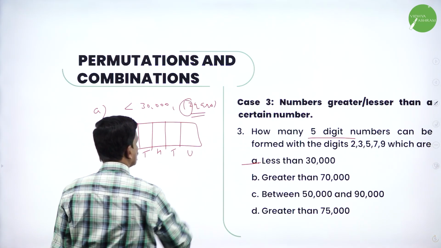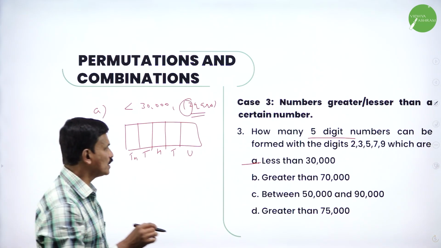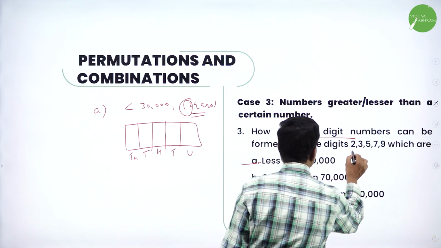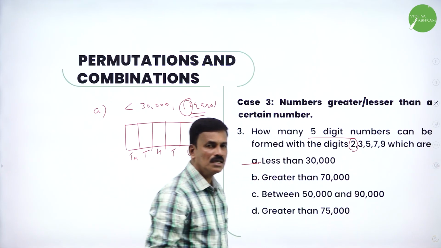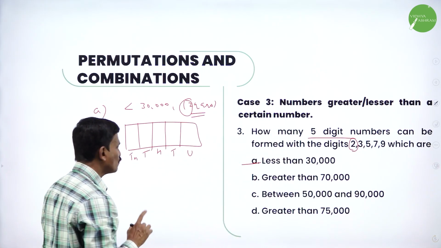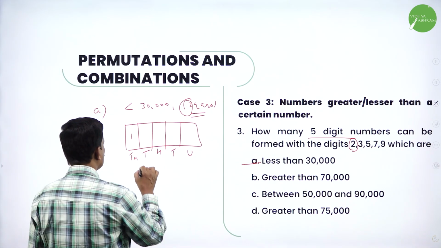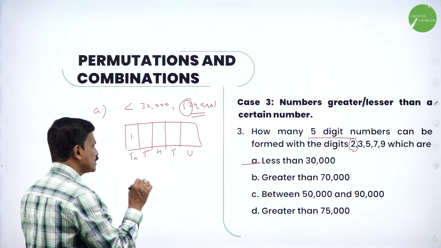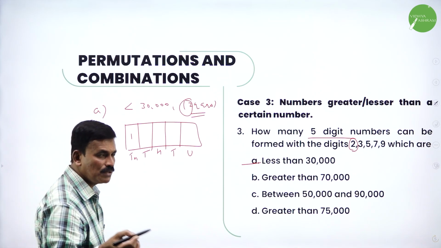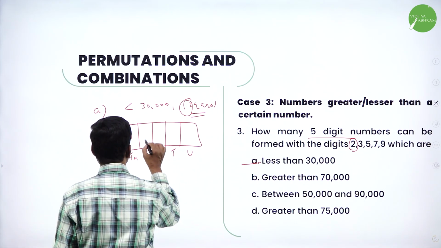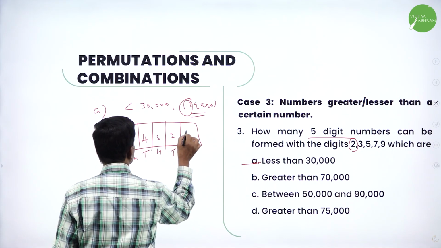So this 10,000 place can be filled by only one number, that is 2. So only one digit can be taken for the 10,000 place, that is 2. And the remaining places 1000, 100, 10 and unit can be filled respectively using the remaining numbers 4, 3, 2 and 1.